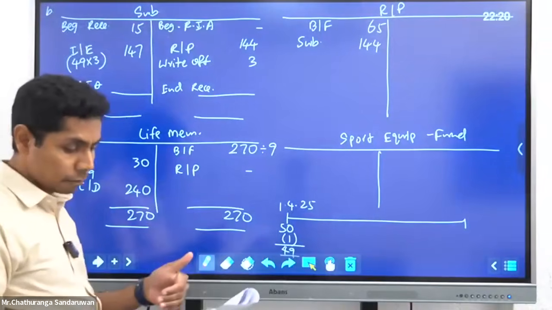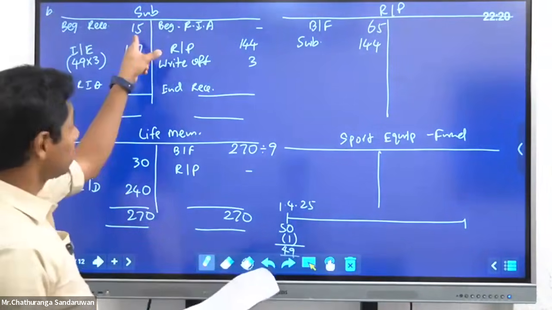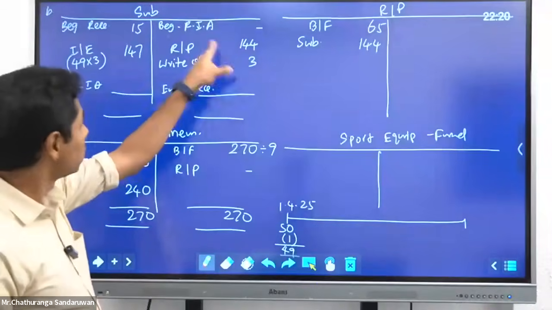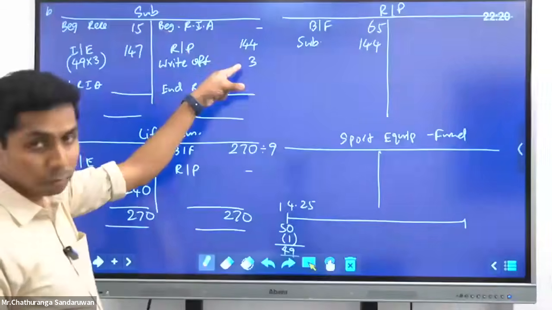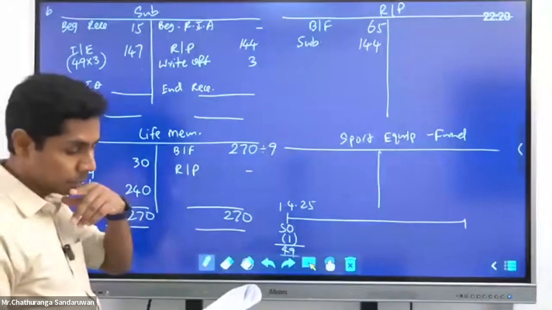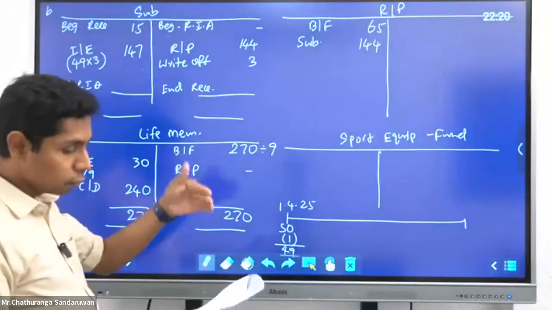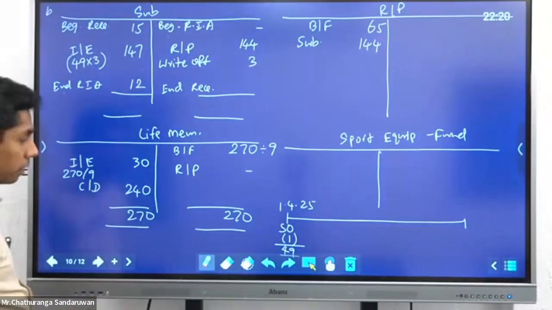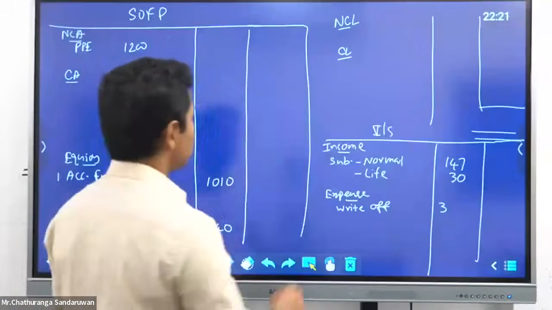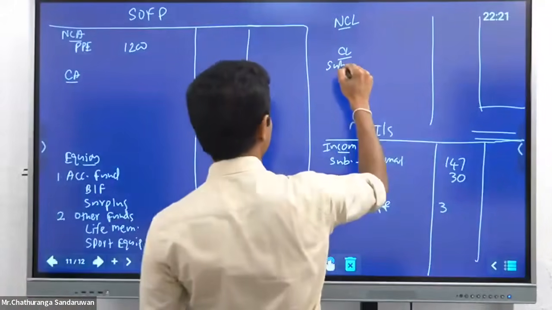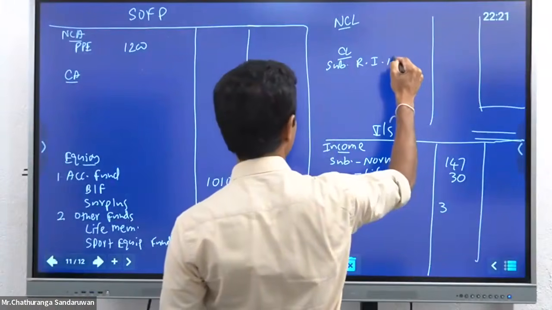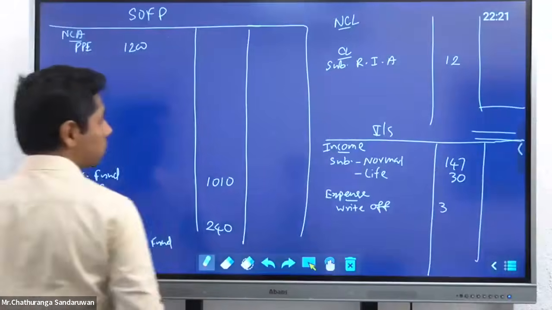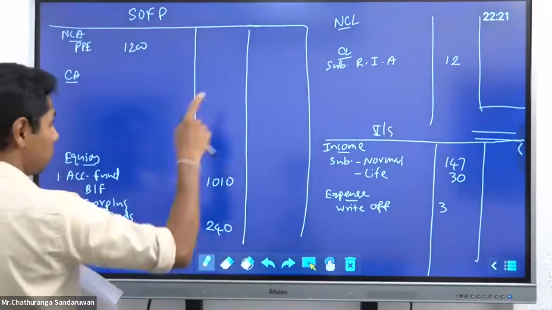And if you analyze the 144, 12 from the previous year, therefore another 3000 receivable that has been written off, right? And if you look at the next year, 12, that is ending received in advance, 12. That's a current liability. So under current liabilities, subscription received in advance, 12.